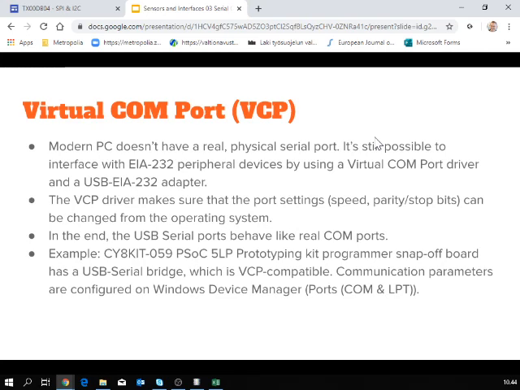Modern PCs haven't had physical RS-232 ports for 10 years. Maybe for desktop computers you can still buy one used. But laptops have had USB, and since USB 2.0 there has been the virtual COM port, VCP.